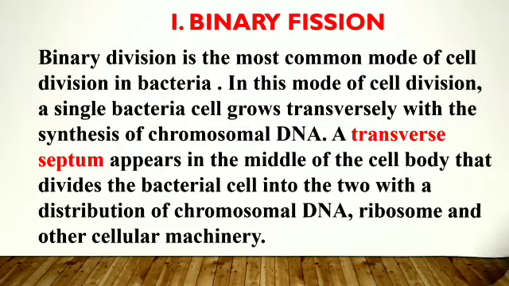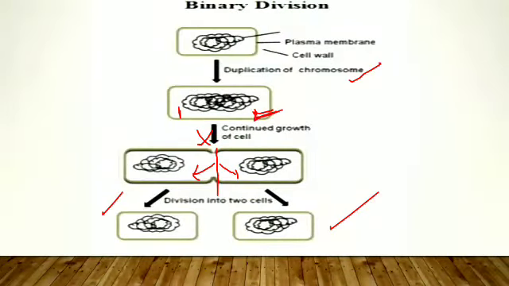That is what we have seen in this diagram. This is the bacteria, and replication takes place. Doubling of bacterial DNA is happening here, and the doubled DNA is segregated into two different cells, and now a septum is formed, and two individual cells are formed.